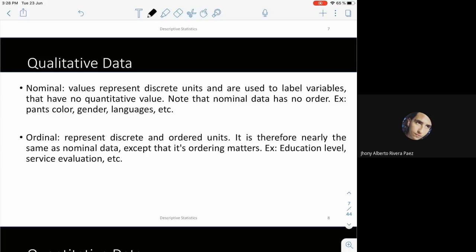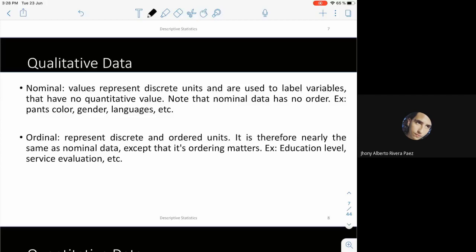But on the other hand, if you're talking about ordinal variables, the order has meaning here. For example, if you talk about education level, you can arrange it: high school, undergrad, and graduate studies. So it has an order.